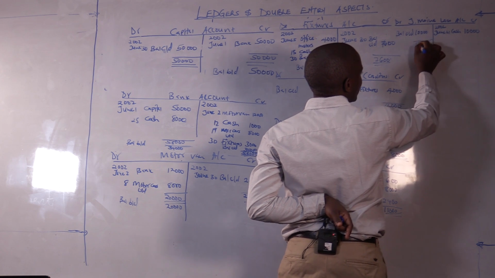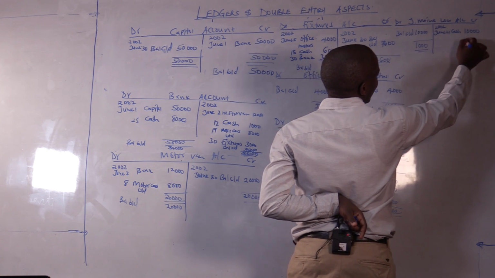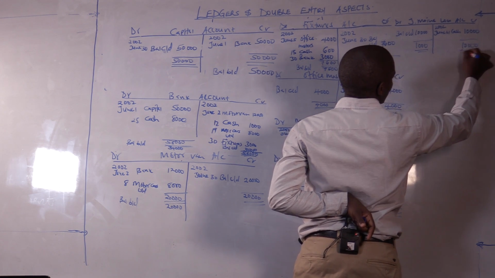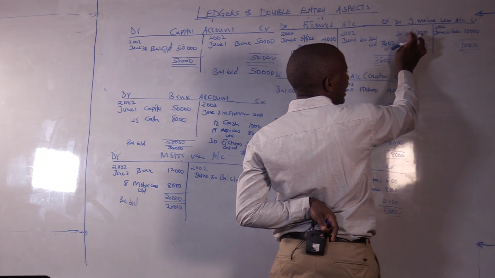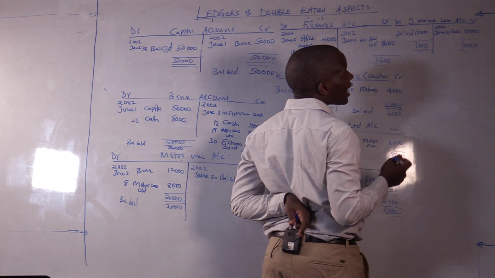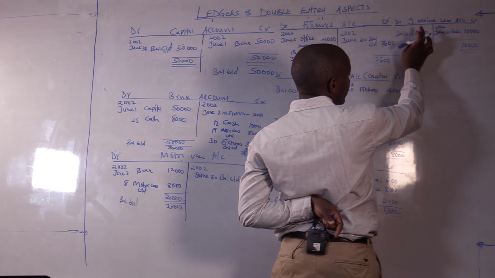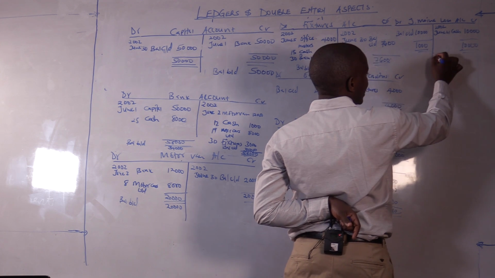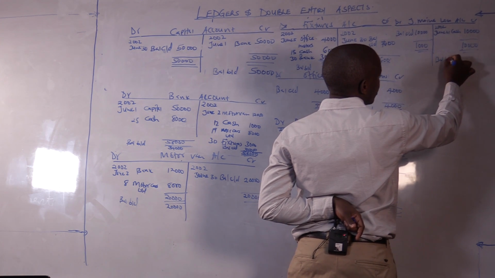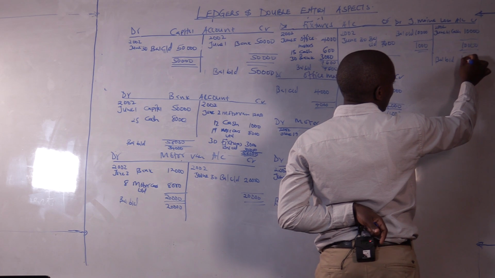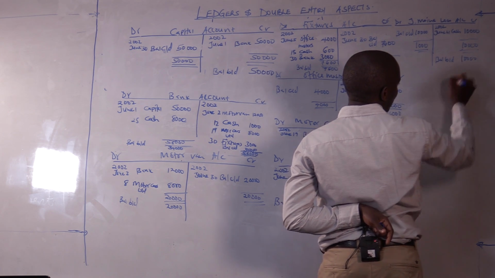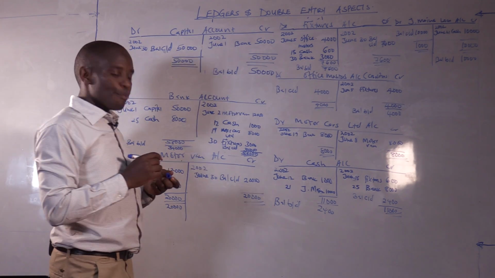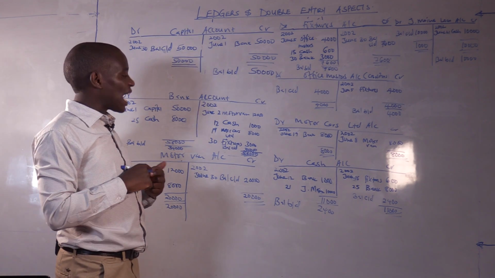So we bring the total there, and the total here we have it there because we have carried down this particular amount. We bring it down on this other side. So we shall have balance brought down, which is 10,000 like that. And that's how we usually do the balancing of the ledger accounts.